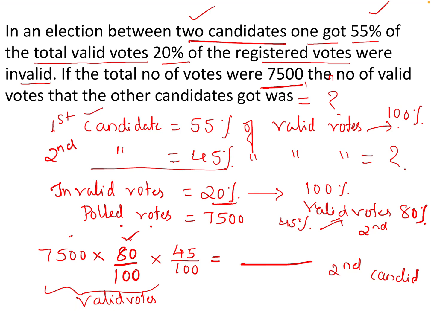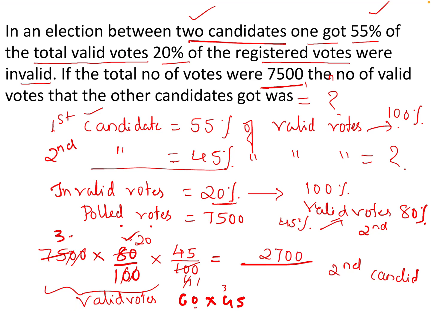Now when we cancel, the zeros cancel here. Then 25 3s are, 25 4s are, 4 1s are, 4 20s are. So it is 3 2s are 6, 60 into 45. 6 5s are 30, 6 4s are 24 plus 3 is 27, and this 0.